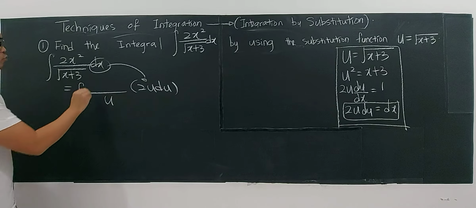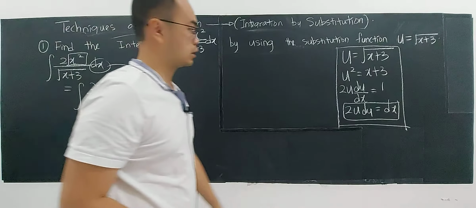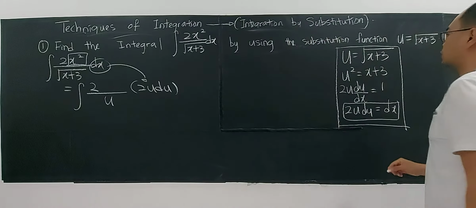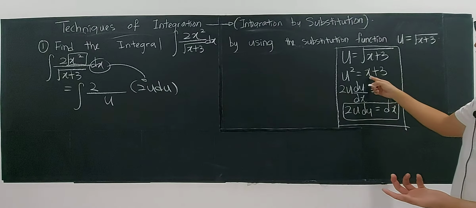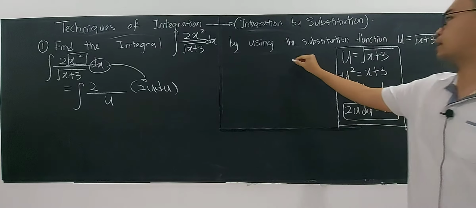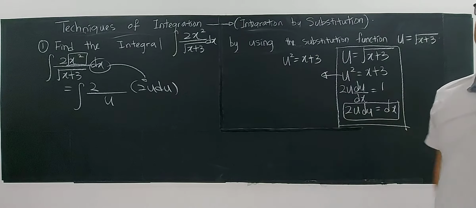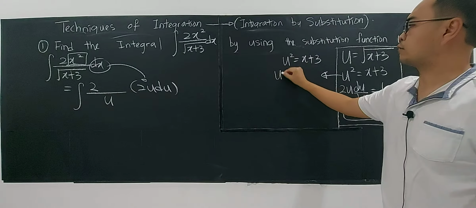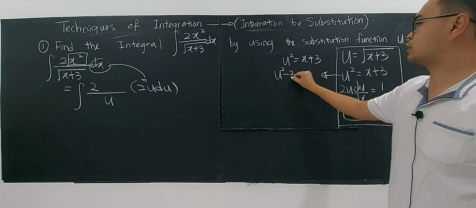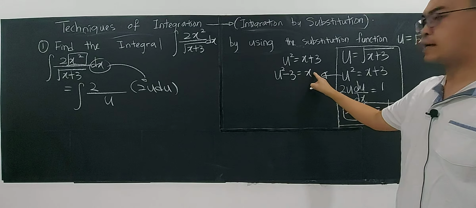And for 2x squared, we try to look at the information here. Is there any x squared here? No, of course there is no x squared here. But we can still get this from here, where you know that u squared is x plus 3. So I can write u squared minus 3 is x.